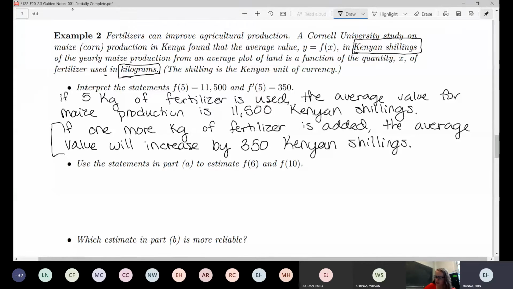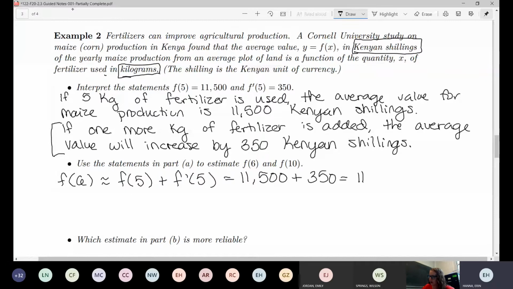So essentially what that's telling me is that I can estimate f of 6 by taking my value f of 5 and adding on that derivative value to it, because that derivative value is telling me if I add 1 more kilogram of fertilizer, what my y values are going to change by. So this would come out to 11,500 plus 350, so 11,850.